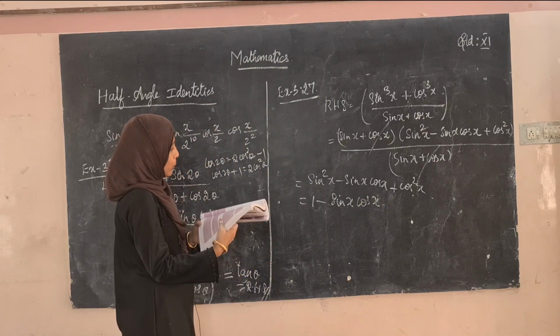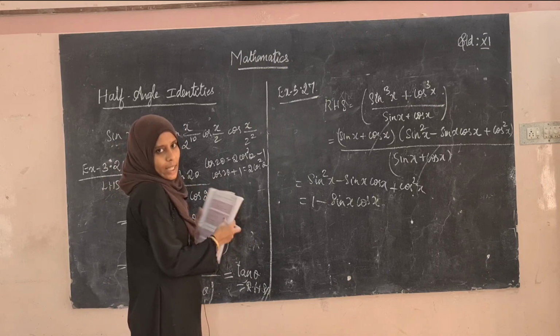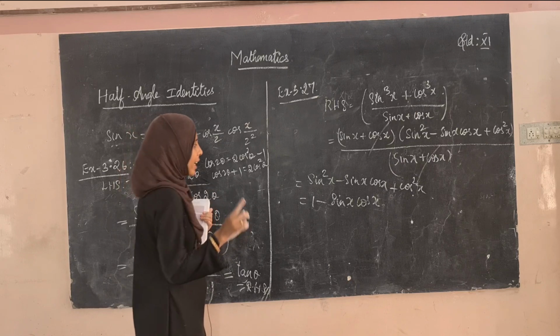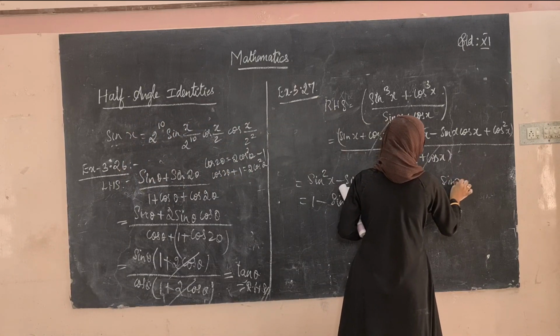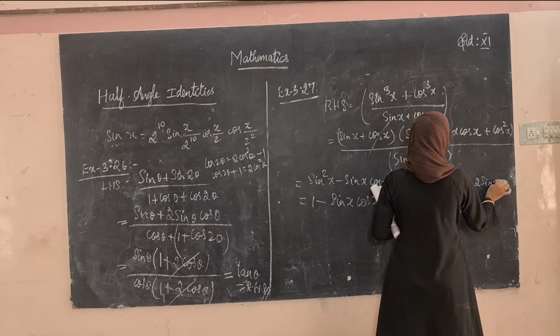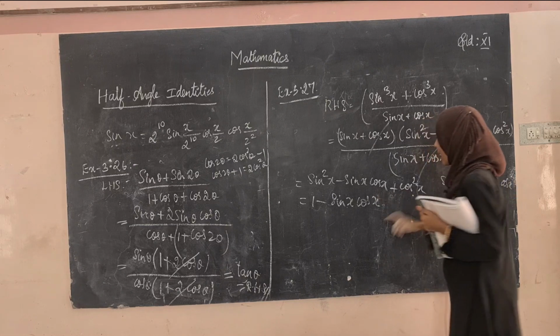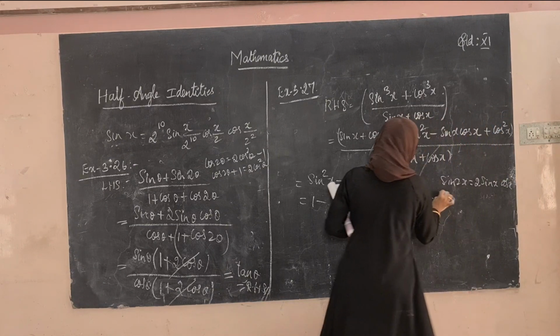Okay, so you have to prove this as 1 minus 1 by 2 into sin 2x alone. So sin 2x is given in the left hand side. That is, they have used the formula of sin 2x. We know that sin 2x is equal to 2 into sin x cos x, but here we are having sin x cos x alone. So bring this to this side. So what happens?